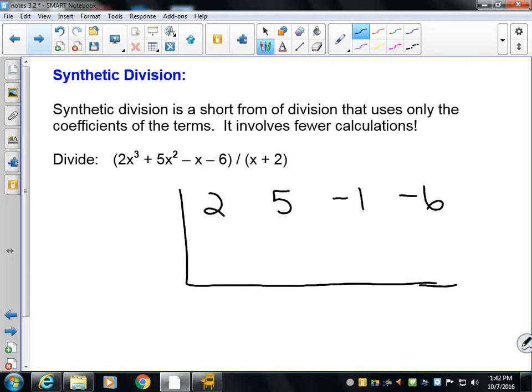Now, how did I get that number? That's the A. We took it out of the brackets. Okay? So I'm going to carry the first one down and put it at the bottom.